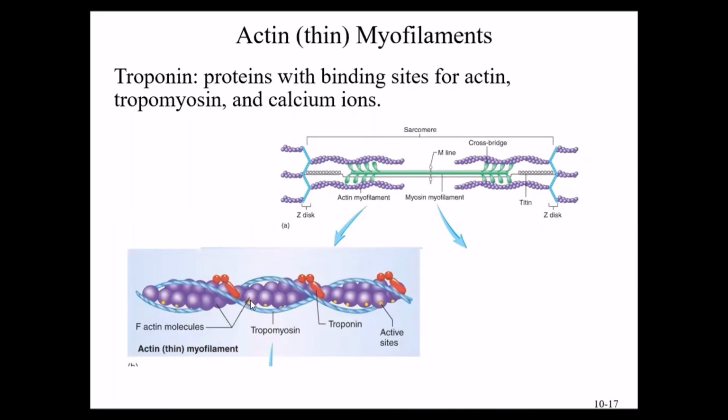In this particular diagram, they show a little red area here. This is a troponin. It attaches in three main places. It attaches to the actin, it attaches to the tropomyosin that goes along the actin molecule, and it can also attach to calcium ions. And that comes into play when we put all of these things together.